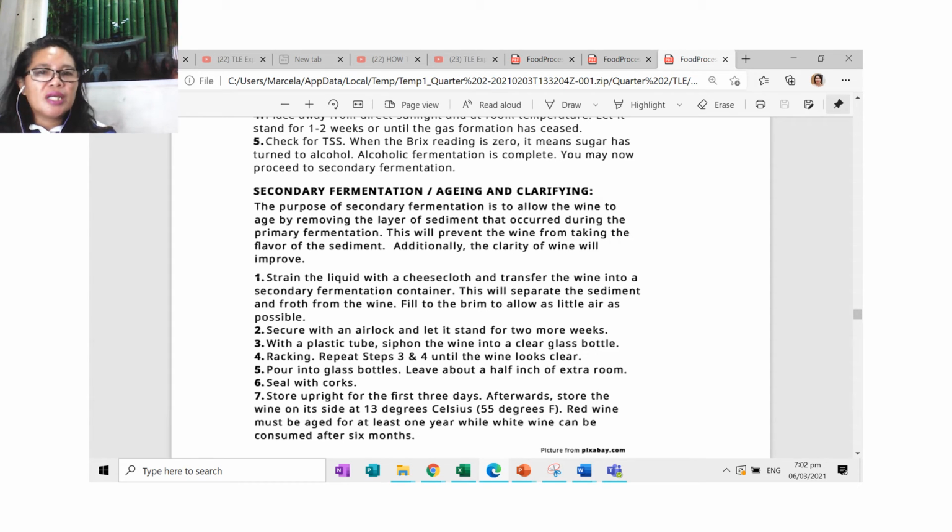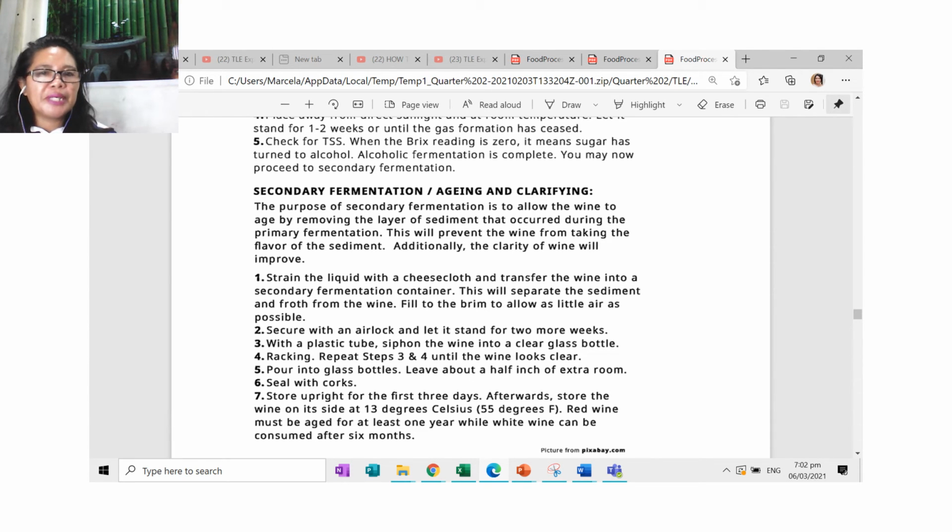Additionally, the clarity of the wine will improve. Number 1, you're going to strain the liquid with the cheesecloth and transfer the wine into the secondary fermentation container. This will separate the sediment from fruit from the wine.